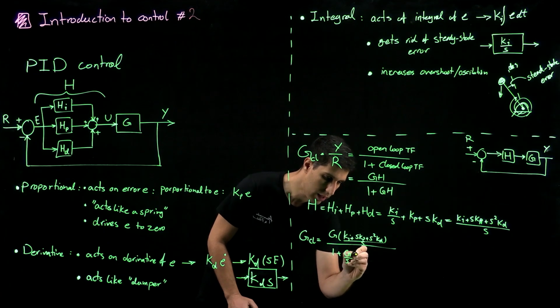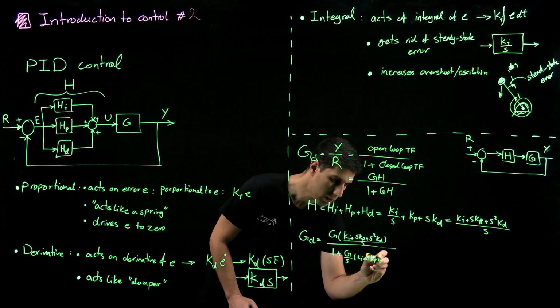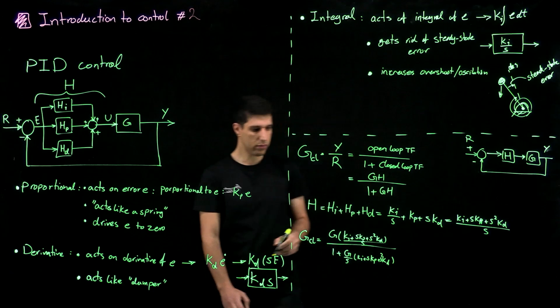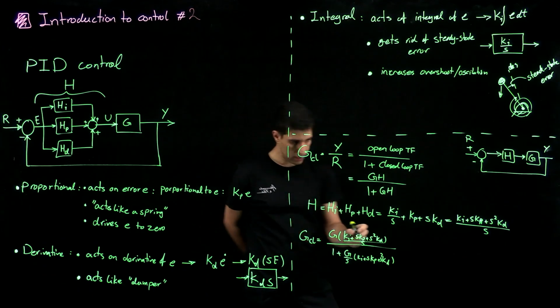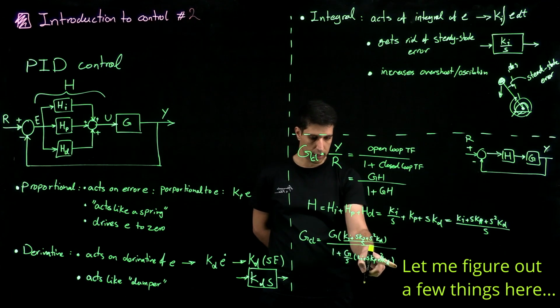I do it G over S, Ki plus S Kp plus S squared Kd, which with some manipulation, so I can, what can I do?